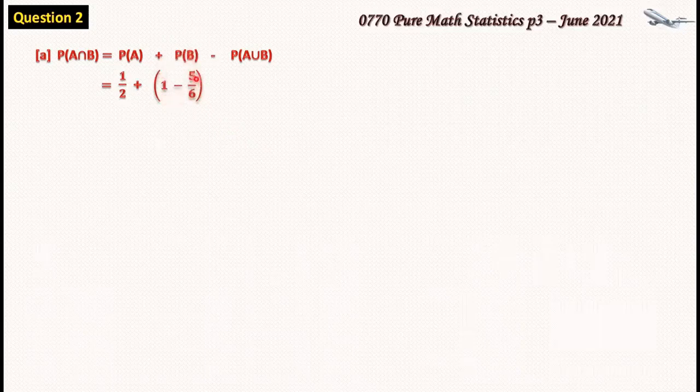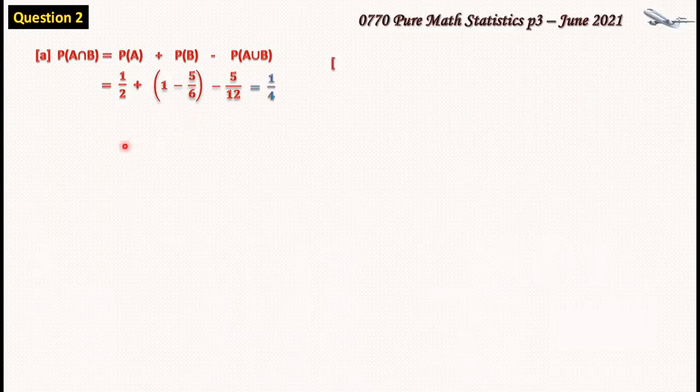So the probability of B should be 1 minus the probability of B complement or B prime. Okay, so the probability of B complement was given to us as 5 on 6. Therefore, the probability of B is 1 minus 5 on 6. And of course, the probability of A union B was given as 5 on 12. Looking for the LCM and simplifying this gives us the probability of A intersection B to be a quarter.